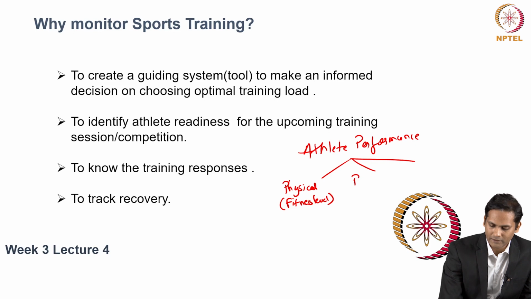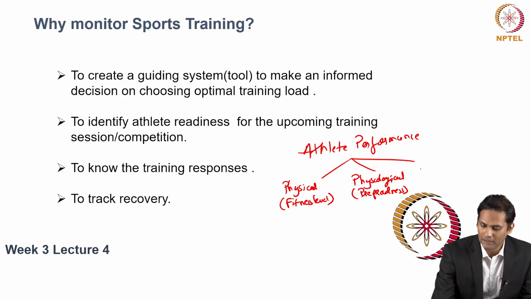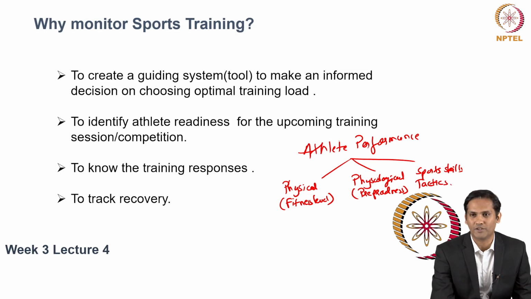The second is the psychological capacity, which can be measured and defined as preparedness. And the last is sports skills or tactics, which are the game strategies.